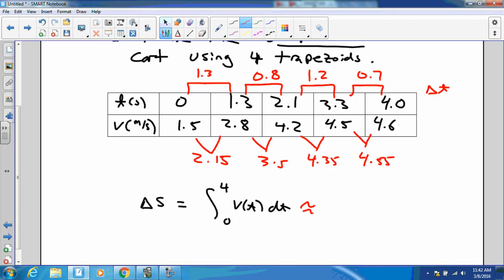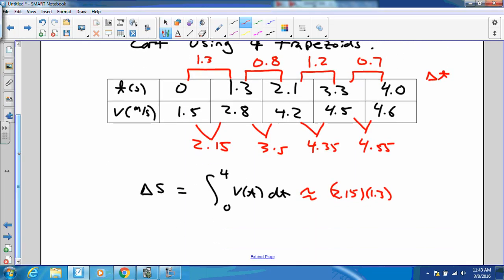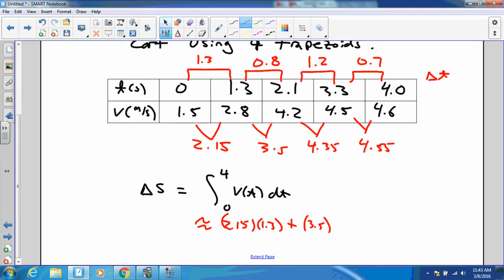And now I can say that this integral is approximately equal to, it's not equal to, but approximately equal to, average height times width. 2.15 times 1.3, plus 3.5 times 0.8, plus 4.35 times 1.2, plus 4.55 times 0.7.